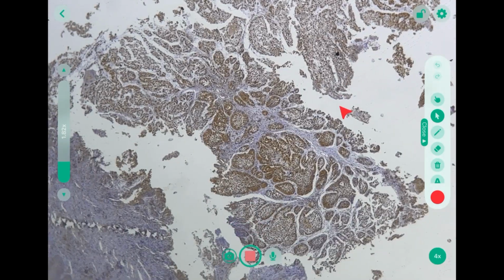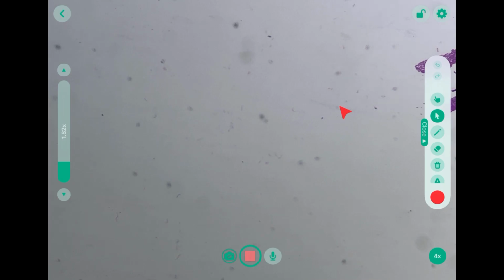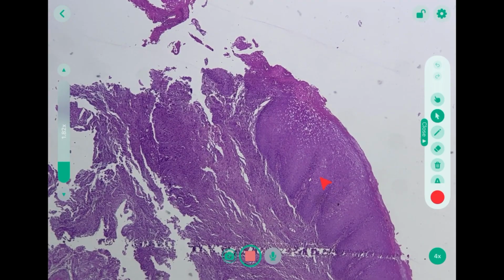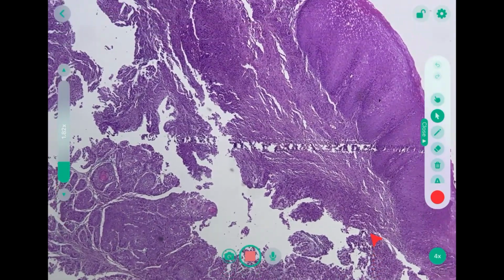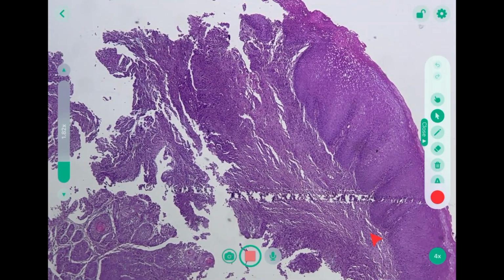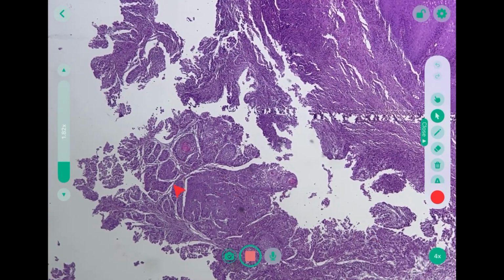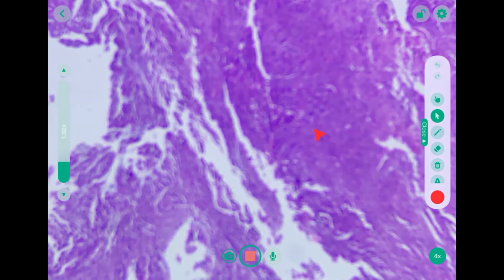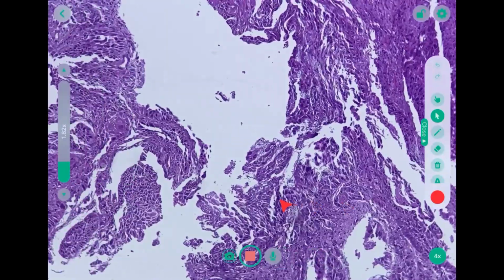So again, if we go to the squamous cell carcinoma H&E section, we can appreciate the overlying stratified squamous epithelium, along with the submucosa or subepithelium infiltrated by tumor arranged in nests and then sheets of tumor cells having pleomorphic nuclei, with different size and shape of nuclei and atypical mitotic activity.